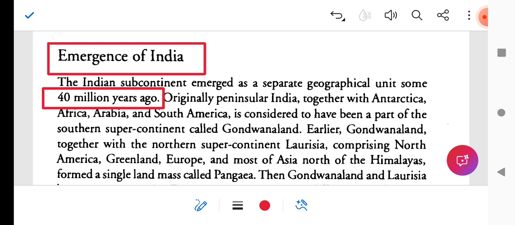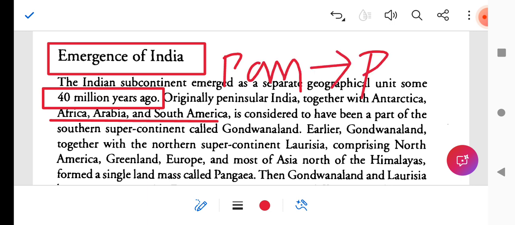Originally peninsular India, together with Antarctica, Africa, Arabia, and South America. At that time, there was one big continent known as Pangaea, and the ocean was named Panthalassa.